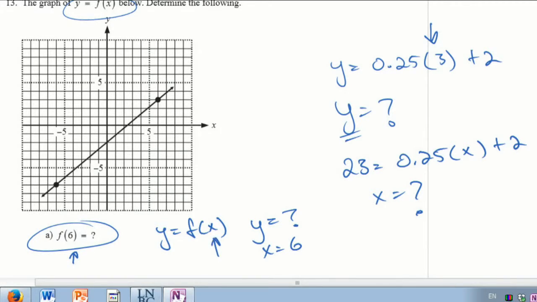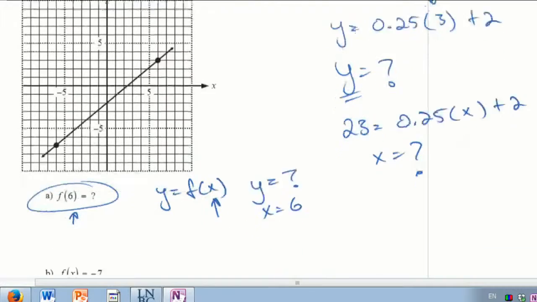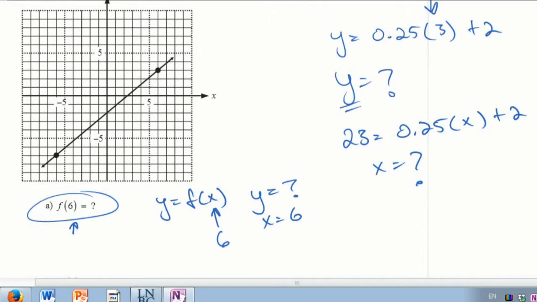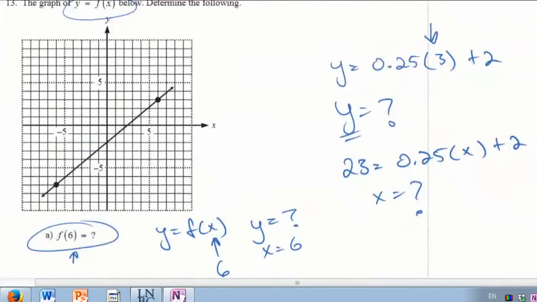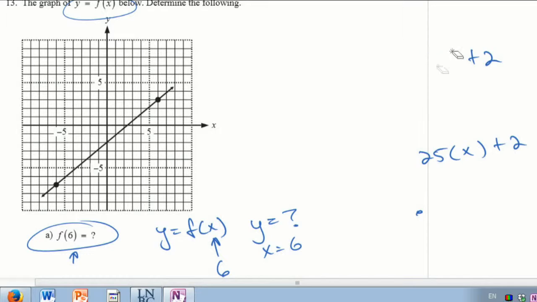In this case, the x has been replaced with a 6. So I'm going to go to my graph and I'm going to say, okay, x is 6. I'm going to find x is equal to 6. This is my x-axis here. Here's 6. If my x value is 6, what does my y value equal? So that's that point there.